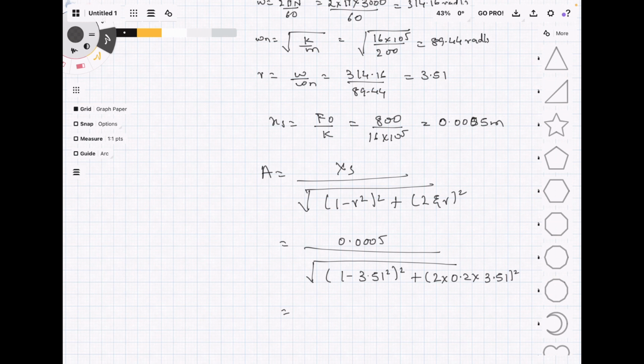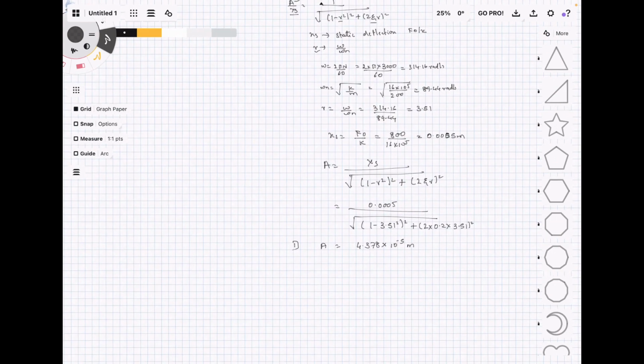If you solve this, you'll be getting an answer of 4.378 into 10 to the power minus 5 meter. This is the solution for the first question, that is the amplitude of the system.